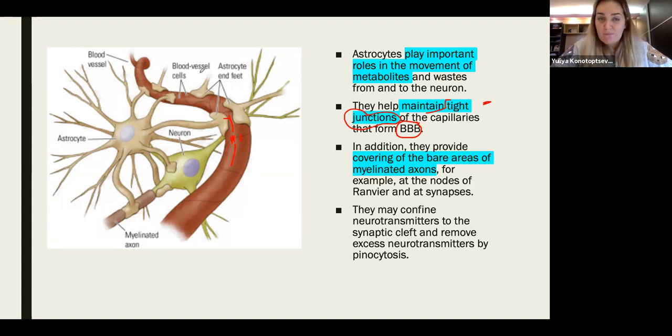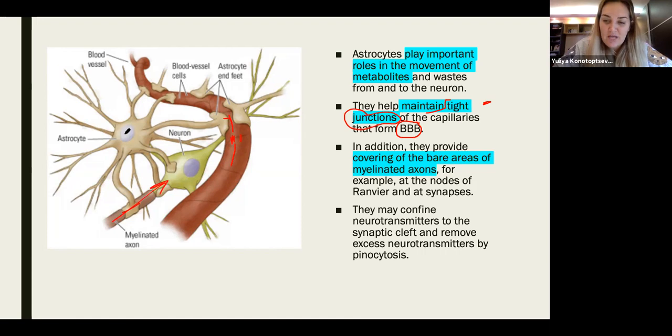In addition, these foot processes are very special because they are not only trying to seal up the holes in the blood vessel, they're also trying to seal up the holes on a neuron in the CNS. So hypothetically, this foot process could seal the node of Ranvier. It can fully close it to make sure that the action potential continues to propagate.